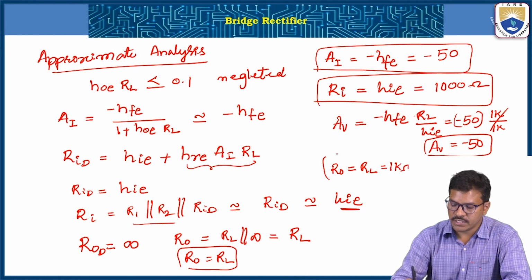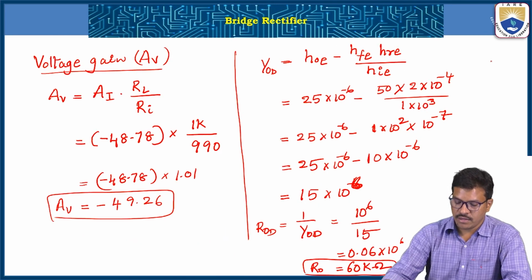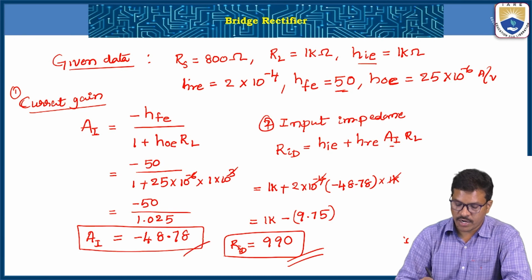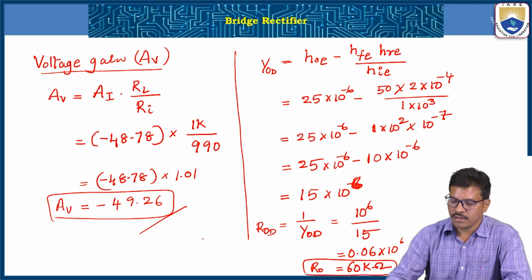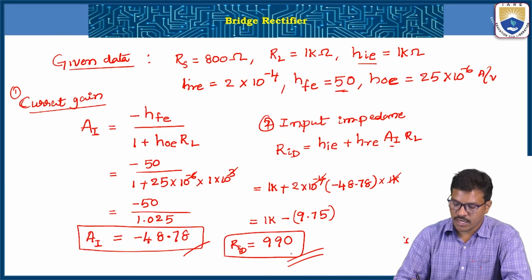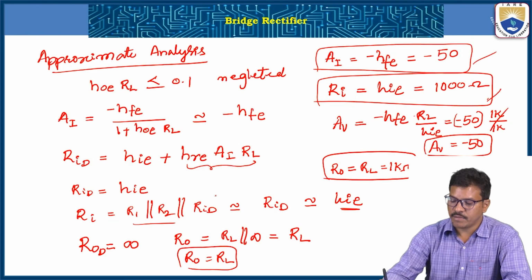Then compare with these parameters. For current gain we get 50 in the approximate analysis against 48.78 in the exact analysis. For RI, 1000 ohm in the approximate analysis against 990 ohms. Third, AV is 49.26 in the exact analysis, but approximately 50.